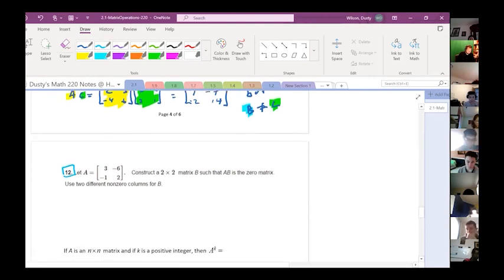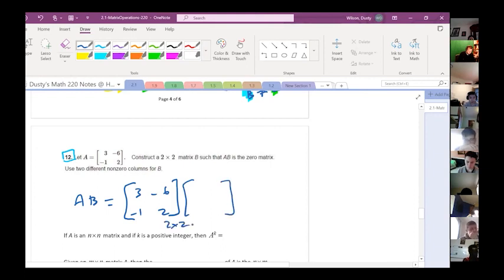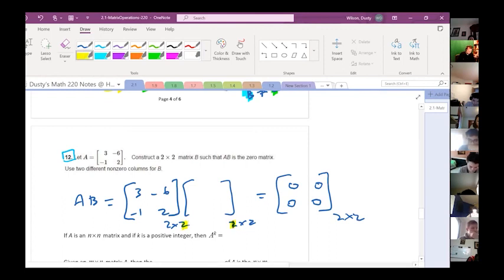So there could be more than one answer here, but one answer would be A times B. So I'm going to have a 2 by 2 matrix here, a 2 by 2 matrix here, and I want this to be equal to 0, 0, 0, 0, also a 2 by 2 matrix. And so the middle ones are going to match. The outside dimensions will give you the dimensions of your result. And so we're just going to make something up.